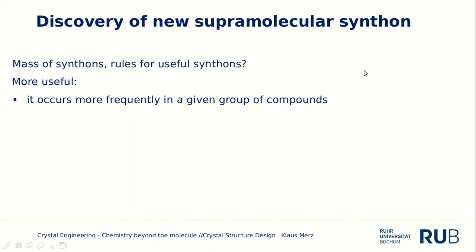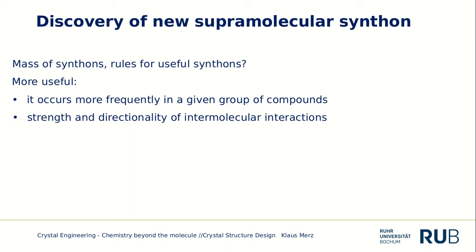Think about what I said about Corey, who introduced synthons, and Desiraju. Synthons are units to build up crystal structures, and not only one crystal structure. You can use supramolecular synthons to build up a lot of similar crystal structures. So it's absolutely necessary that a synthon occurs very often, more than 1 or 2 or 3 times in crystal structures.